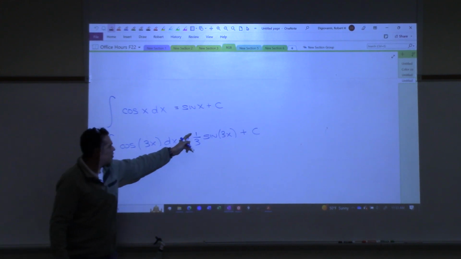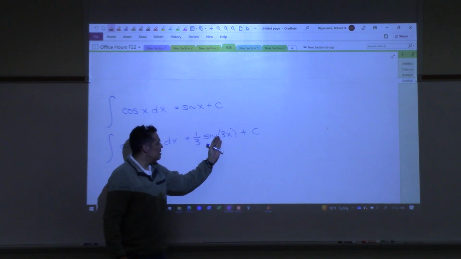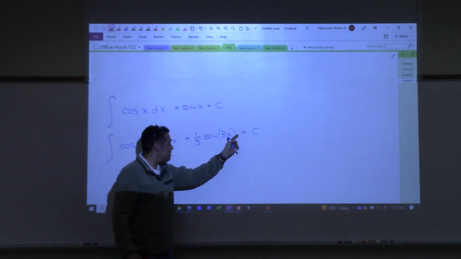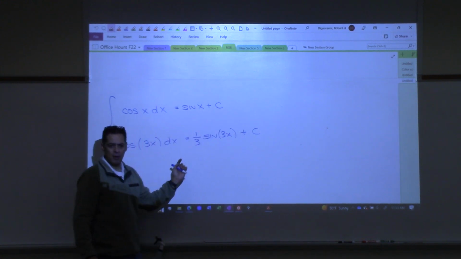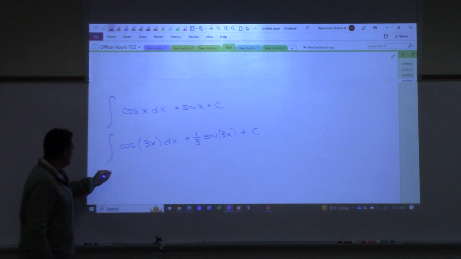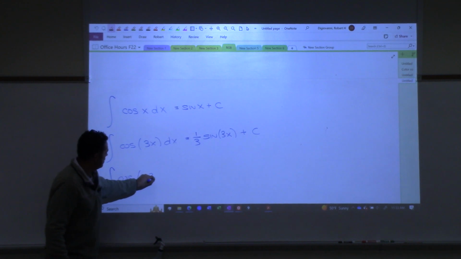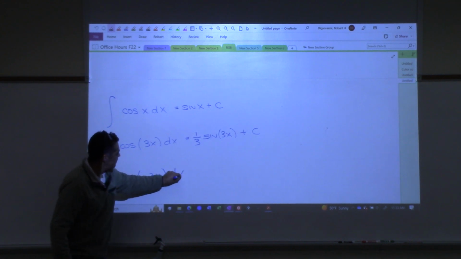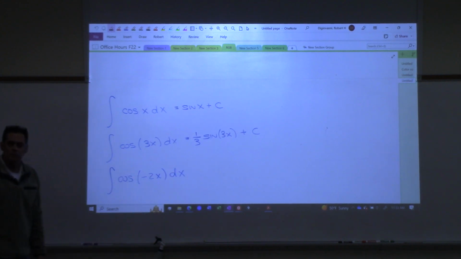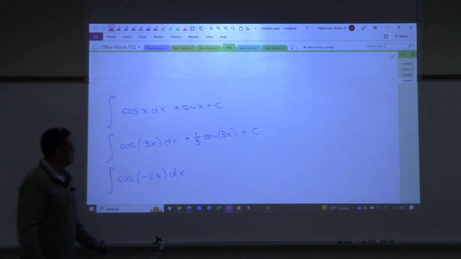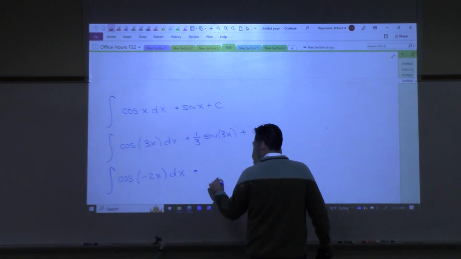We need 1/3 here so that when we take the derivative of this with chain rule, the 3 that pops out will get killed off by the 1/3. So how about if I do this? Negative 1/2 sine of negative 2x. Yep.